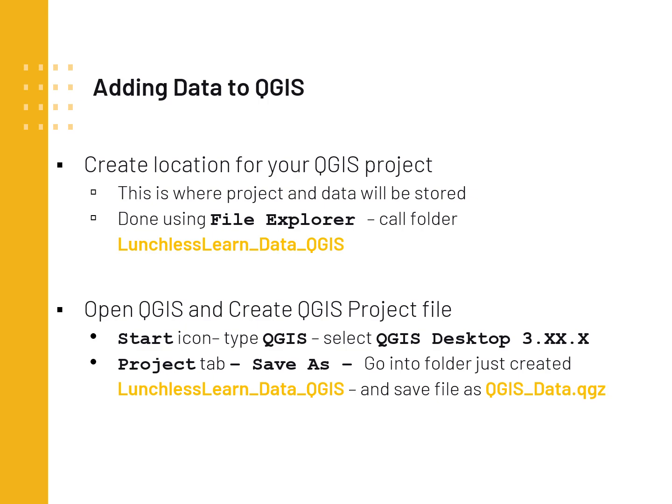When QGIS opens up, you're going to go to the Project tab, Save As, and go into the folder that we just created. Okay, and again, that's lunchlistlearn_data_QGIS. And then you're going to save the file as QGIS_data.QGZ.